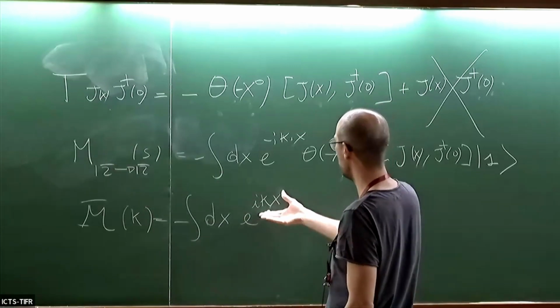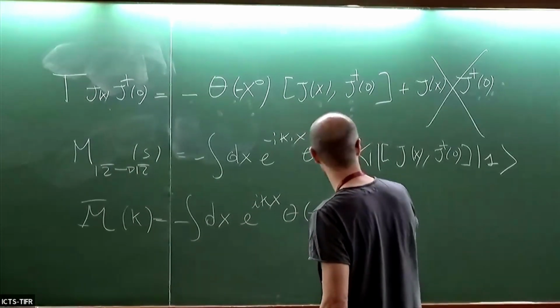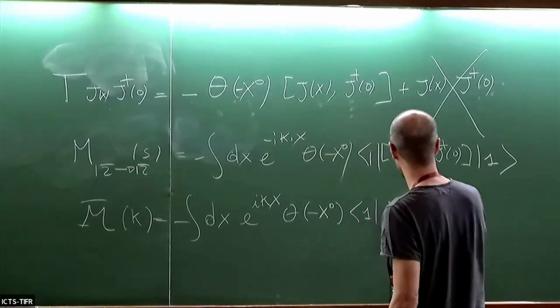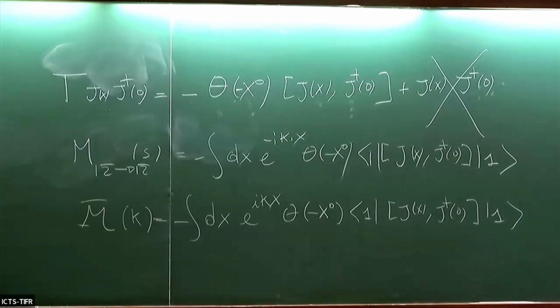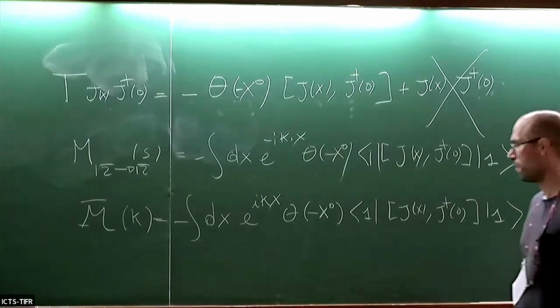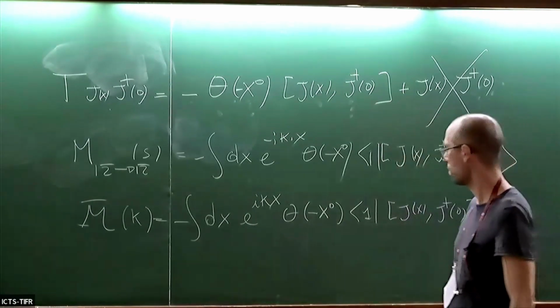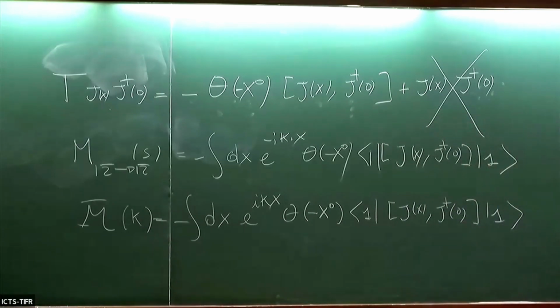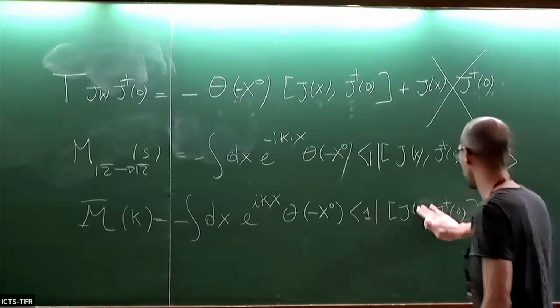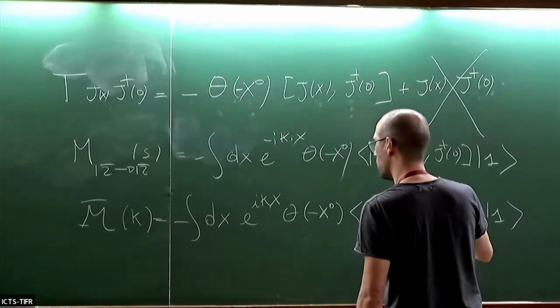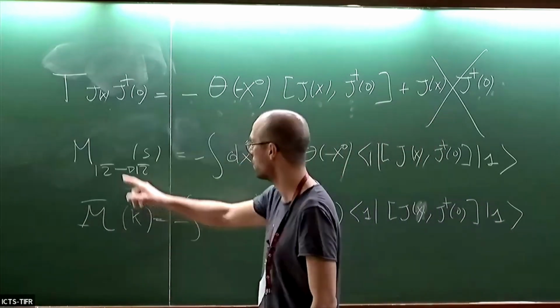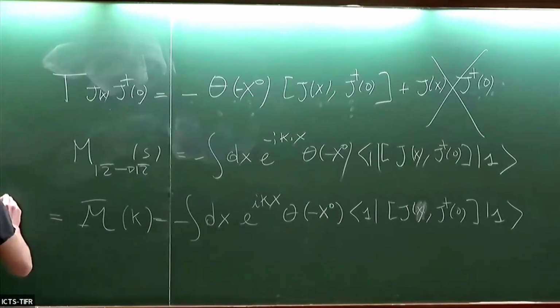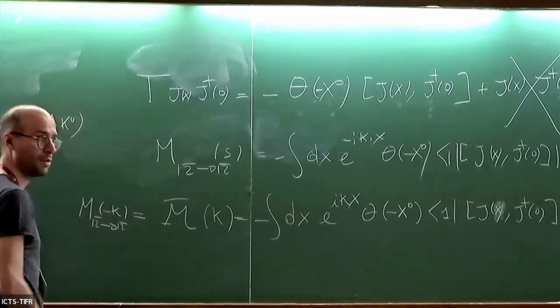No, I'm not flipping the sign. I'm defining a new function, m bar of k, which is this function for minus k. Flip the sign of k.